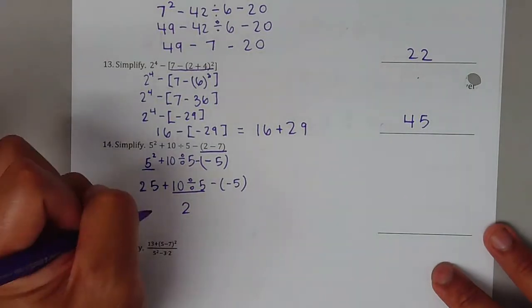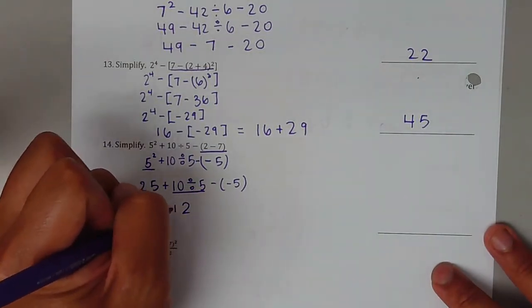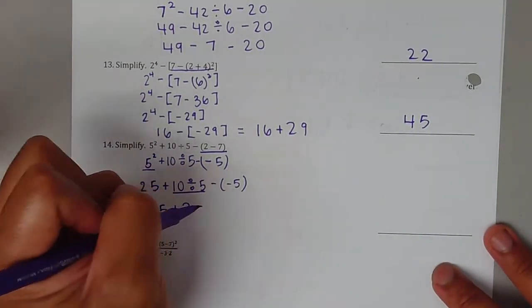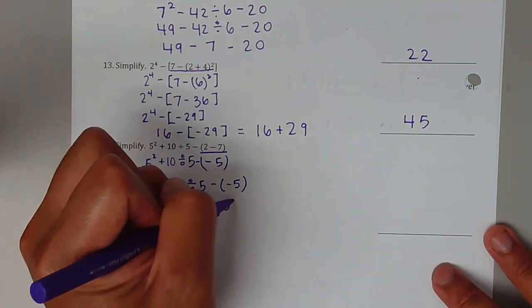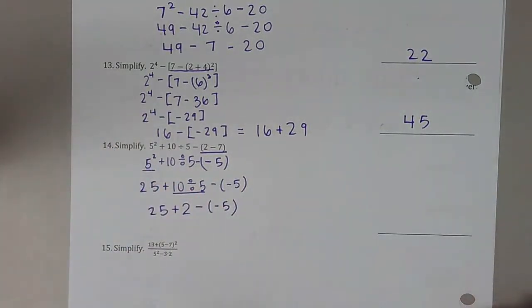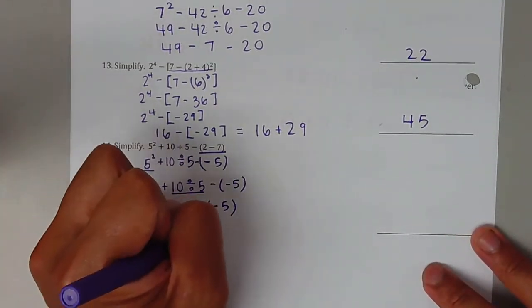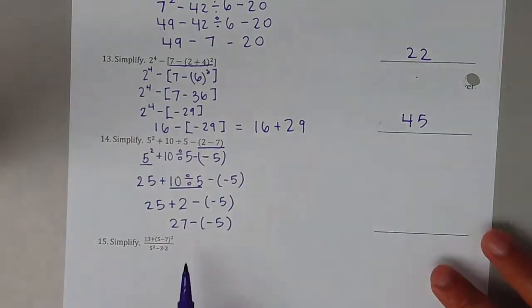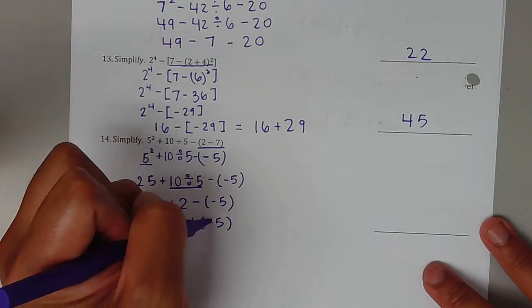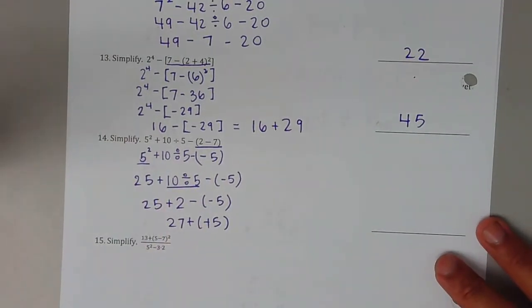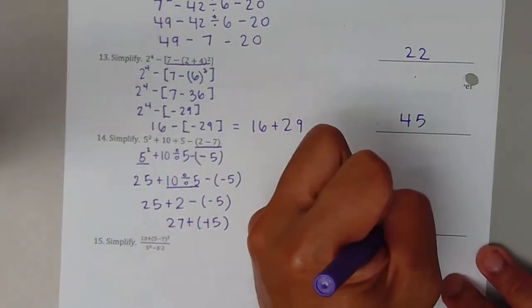And then we bring the rest down. 25 plus 2 minus a negative 5. All right, so 25 plus 2 gives us 27 minus that negative 5. Remember, that's the same thing as adding the 5. So 27 plus 5 gives us the final answer of 32.